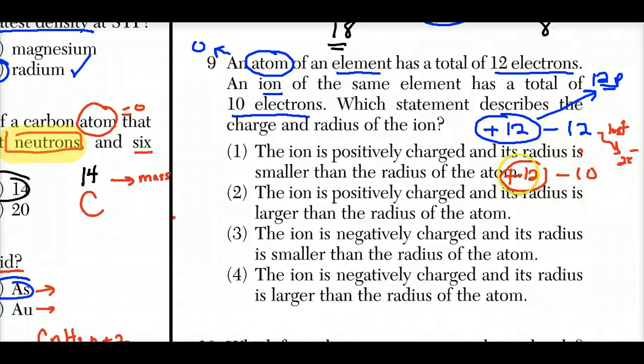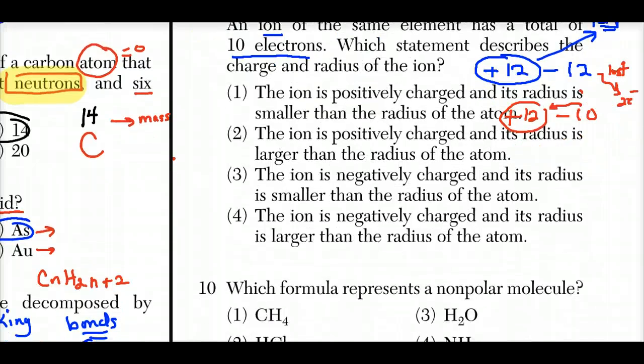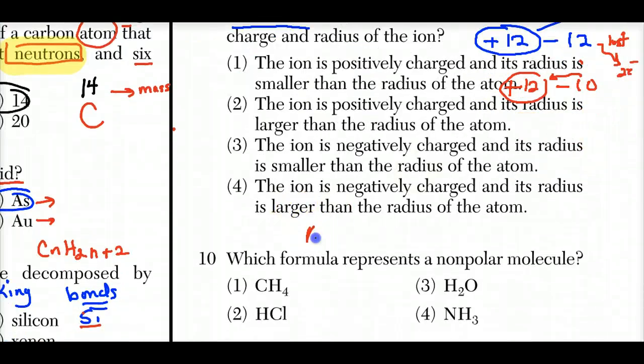The proton number outnumbers the electrons. So this lower number of electrons can't fight off the +12, and it pulls them back in. This ion is going to be smaller than its atom. If I draw it down here to make more sense, here is the atom that was neutral, where protons equal electrons.